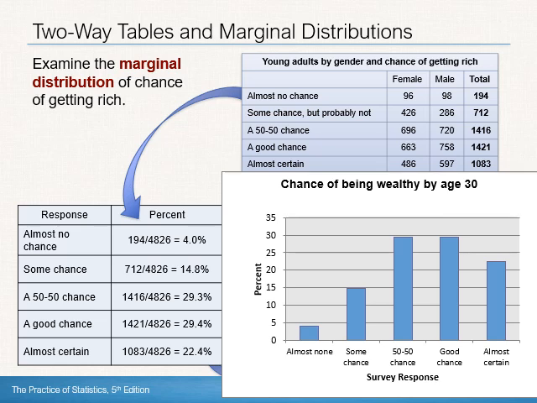But in this case, even though these are categories, there sort of is an order to them: almost none, some, 50-50, good chance, almost certain. It seems like it makes sense, and so we'll keep them in that particular order.